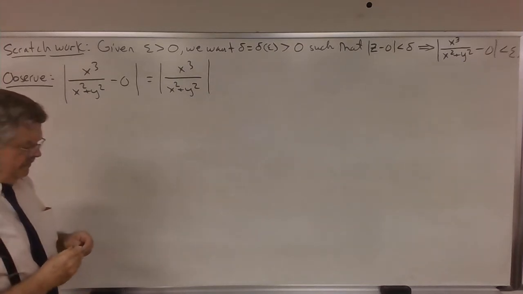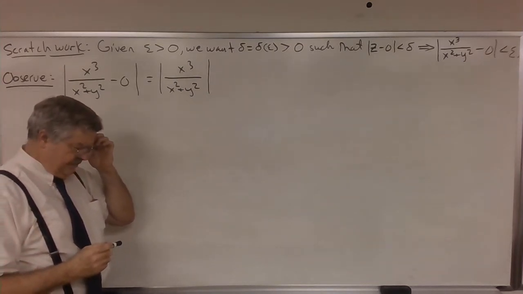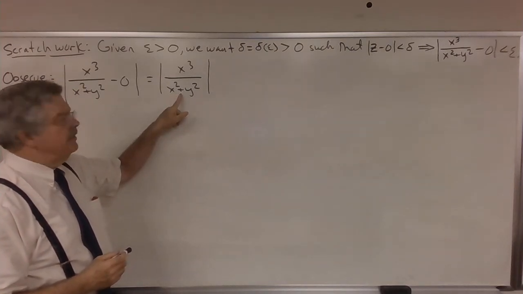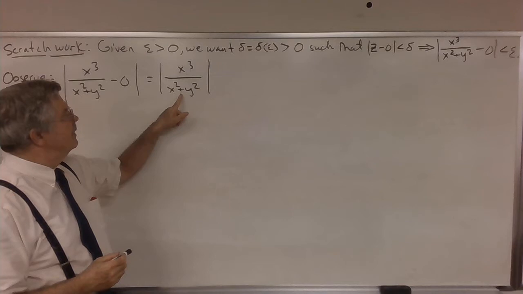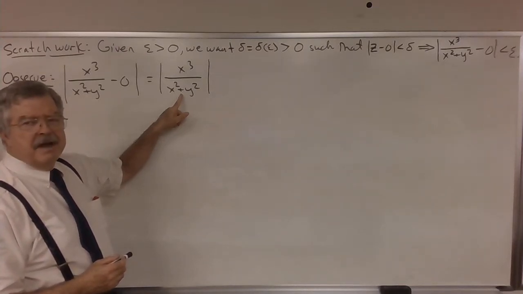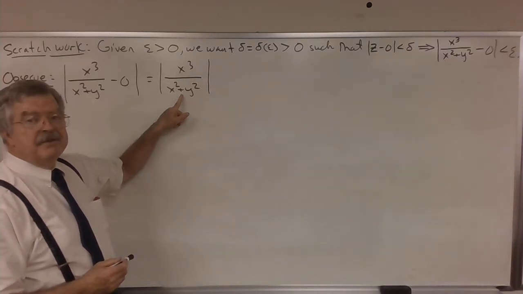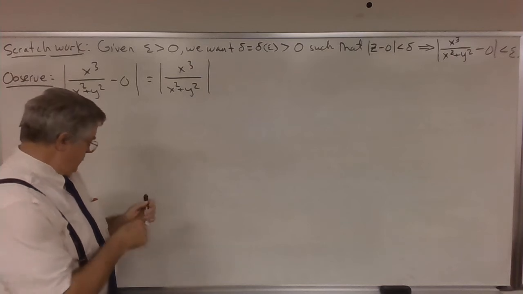And, you know, this looks familiar. X squared plus y squared, that's the modulus of z. Z equals x plus iy.